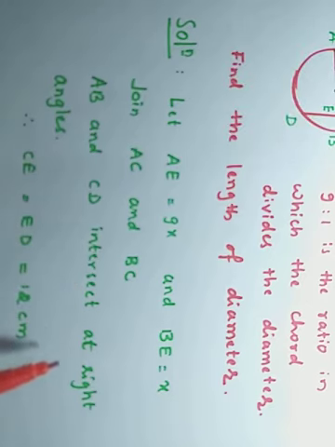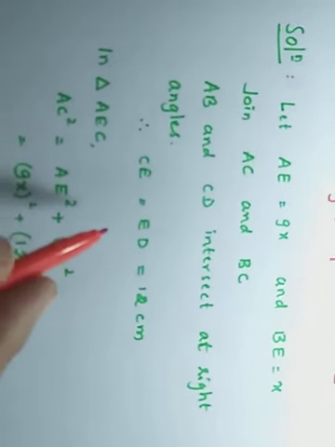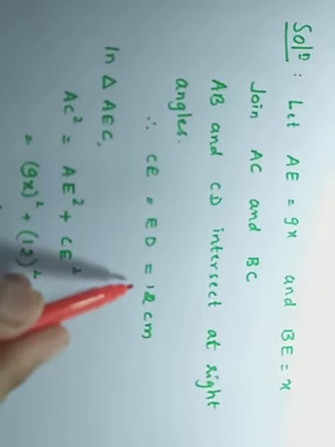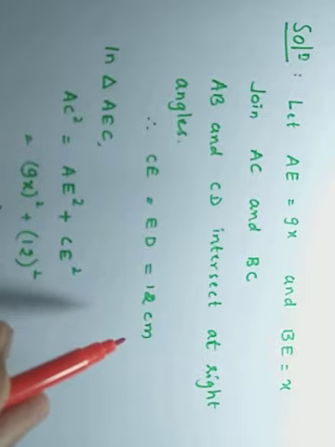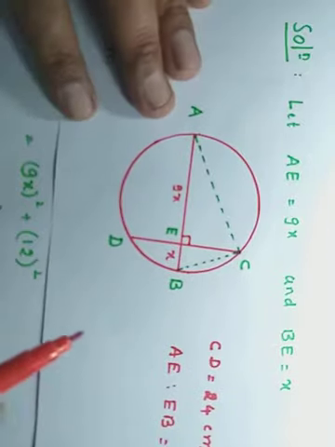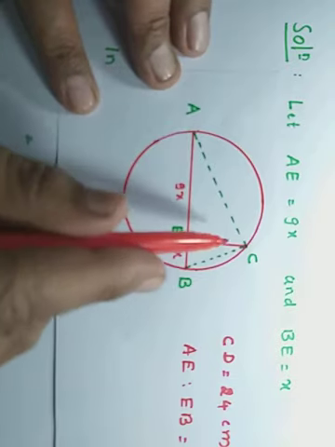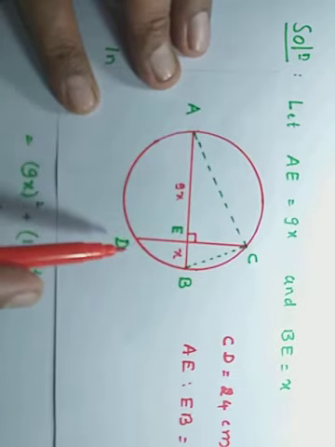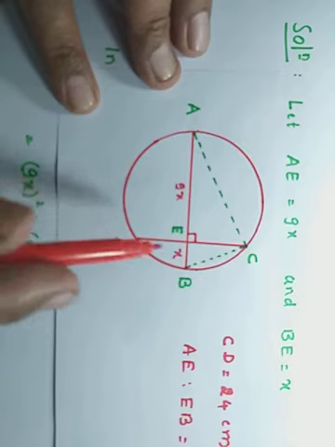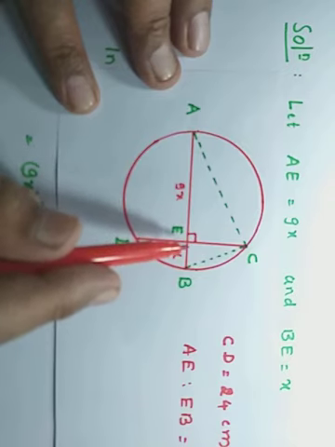AB and CD intersect at right angles, and therefore CE and ED both become equal, that is 12 centimeter. This is very, very important. In this figure, the diameter passes through the midpoint of the chord and hence it is a right angle here.